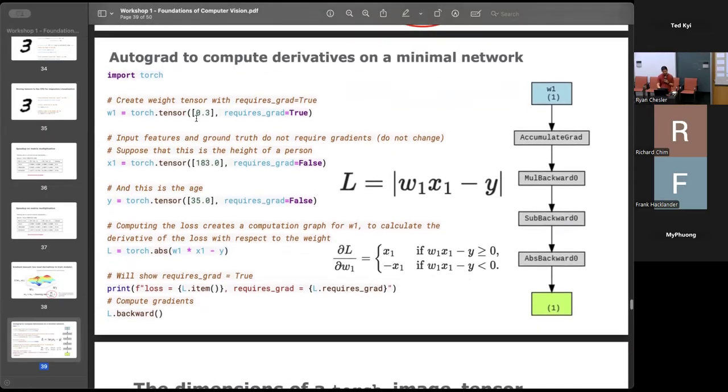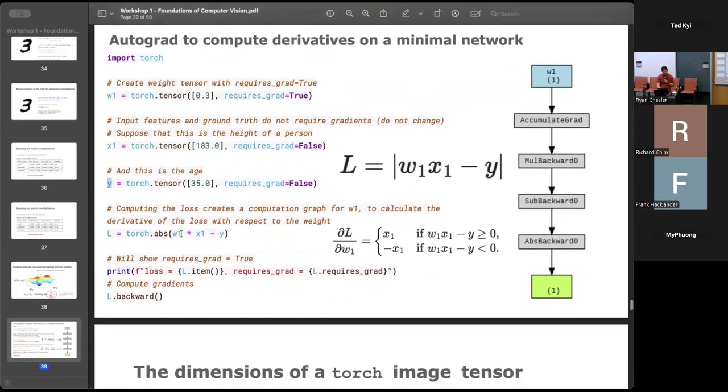So they're showing basically we have this weight, we have an X1 input, and then we have Y, which is our target. And we're saying multiply our weight times our input. And then what's the difference between our prediction, which would be this portion, and our output.